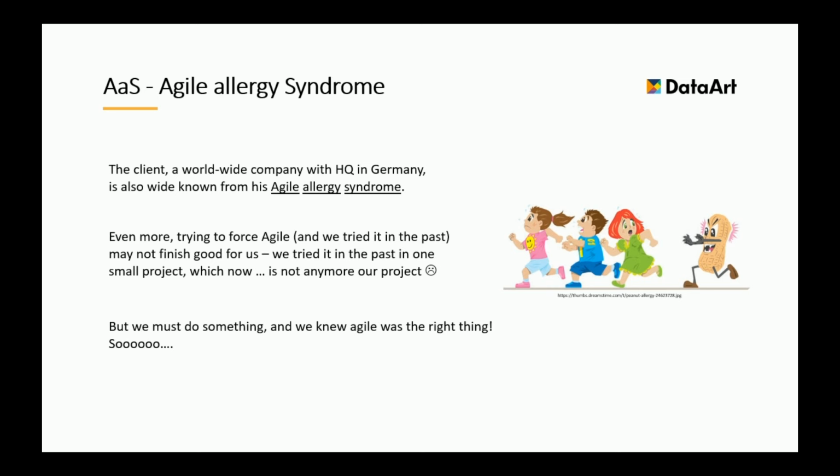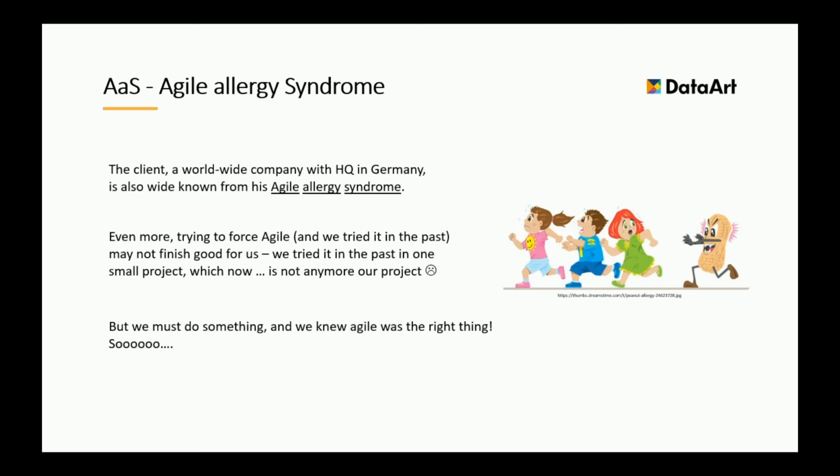It has its own history, because several companies tried to push them to do some project in Agile, though some of those projects failed, and some were not executed as they should be, because from Agile they took only daily stand-ups, that's all. So it was not Agile at all.